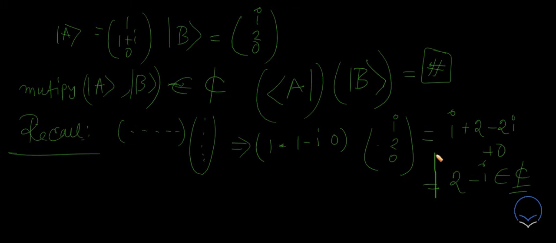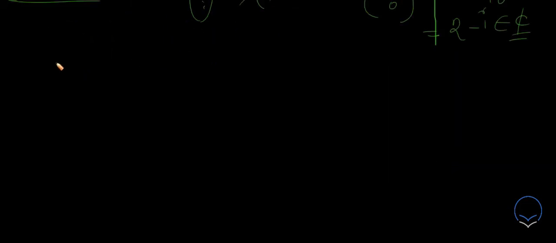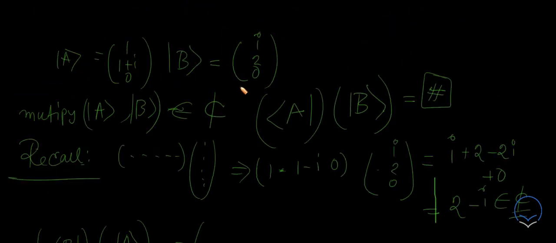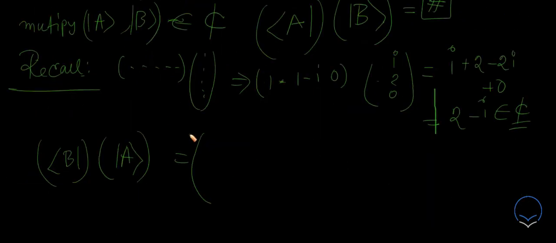Similarly, we could have used the bra of B and the ket of A. What is the bra of B? It will be minus i, then 2, then 0, where the 2 is on the right side of minus i.